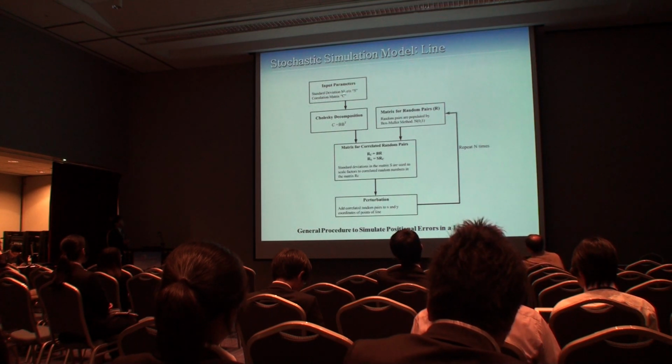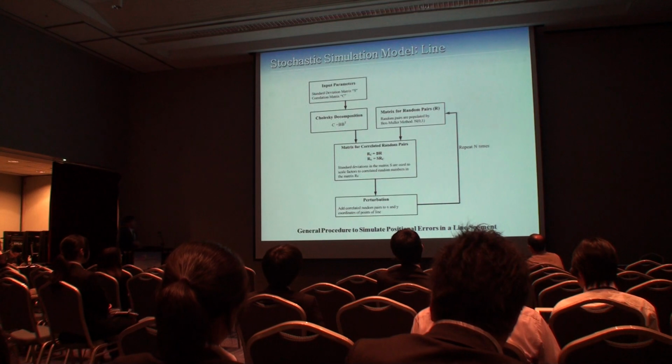The correlation matrix is factorized by the Cholesky decomposition, and a matrix for the random pairs is also generated by the Box-Muller method. Correlated random numbers can be generated by multiplying the matrix B with the random error matrix.